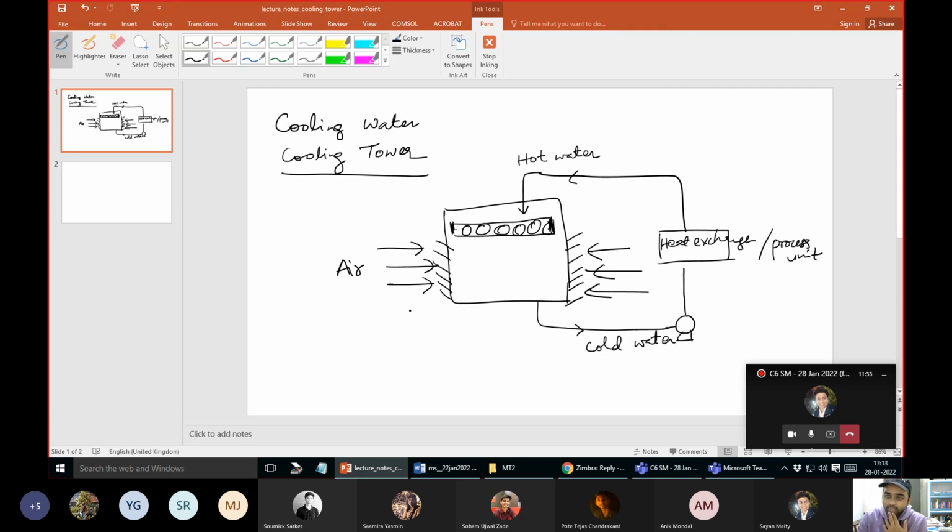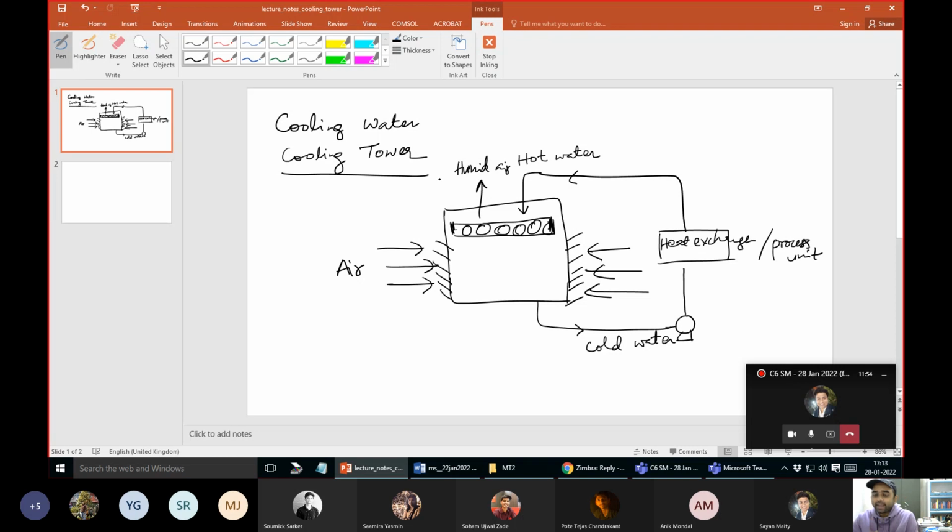And since the water comes in direct contact with the air, the air which leaves this system becomes humid, and it takes up some of the sensible heat from the water also, so this humidified air is at a higher temperature.